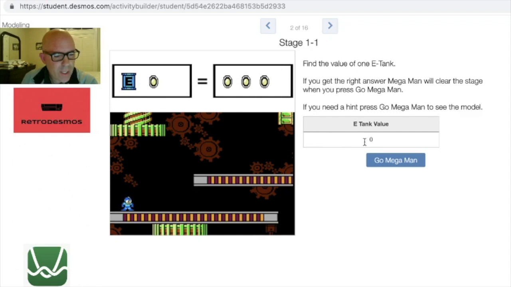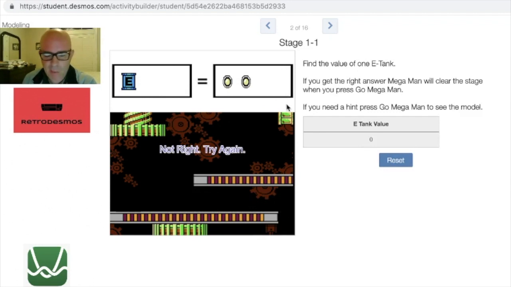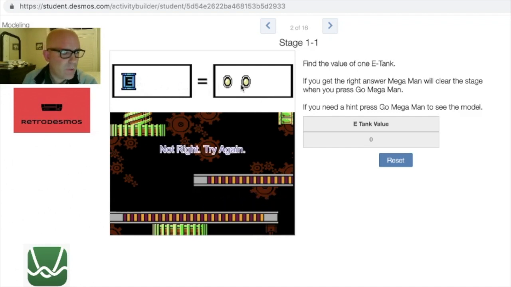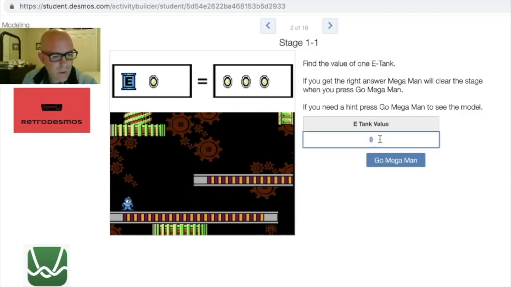And if I just go ahead and push the Go Mega Man button here, you'll notice with the power of Desmos, I'm able to animate the actual model of solving. And if we go back and think about our 0 pair that we had before, these two values actually zero each other out. And we can see that the energy tank, or a variable for instance, is worth a value of 2. And so I can go ahead and put in the value of 2 here.